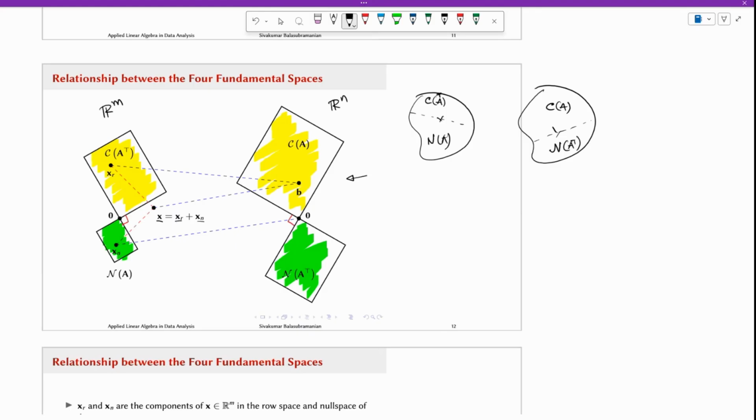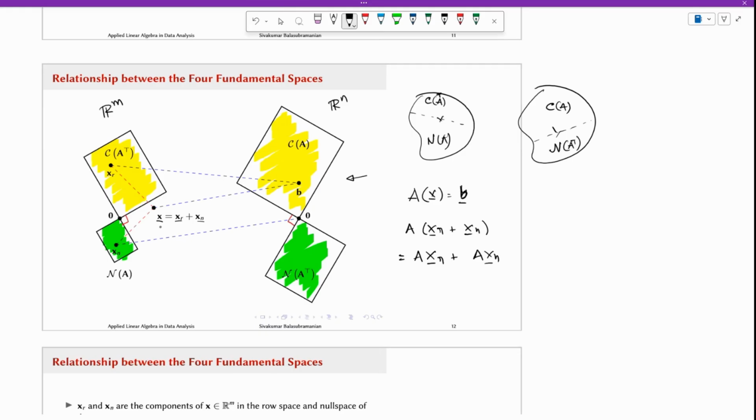Okay. Now, if you apply the matrix A to x, you'll get, let's say, some y or some b. But what is x? x can be written as xr plus xn. If I multiply it inside, I get A times xr plus A times xn.